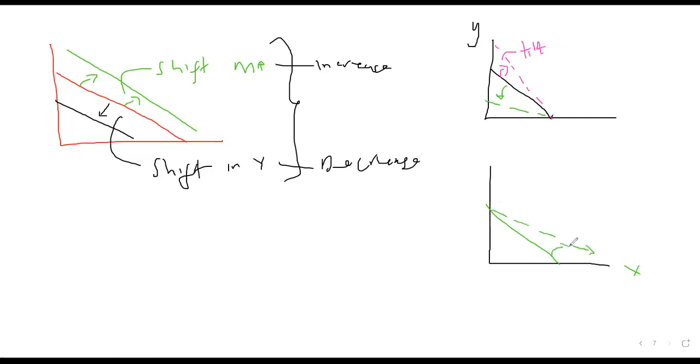So this is because good X has become cheap. But in the event that good X becomes expensive, leaving good Y as it is, we're going to have a tilt, which is going to be symbolized by this curve. So these are the two important movements that you need to take note of.